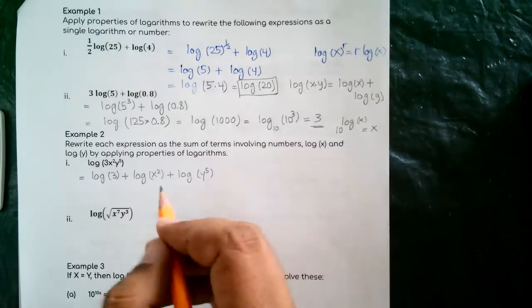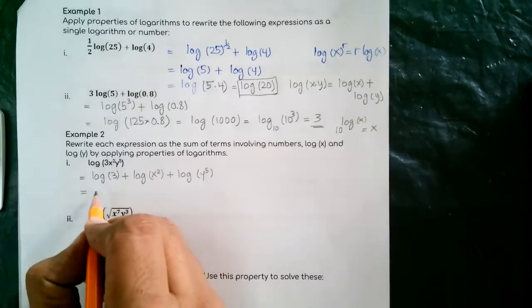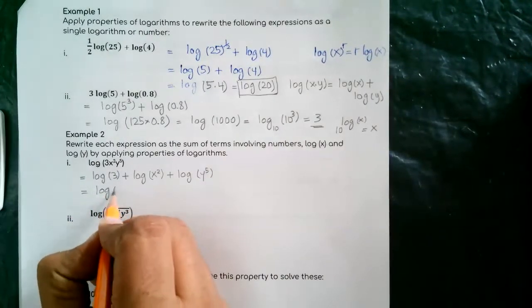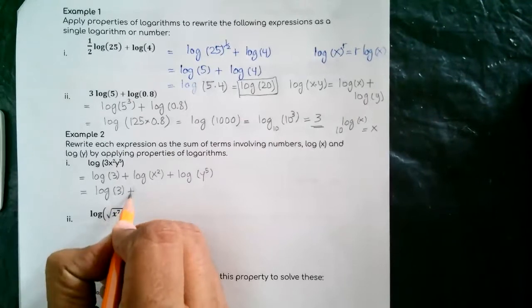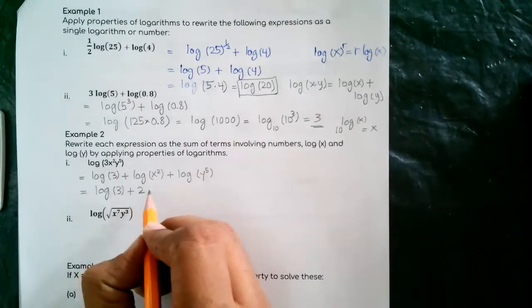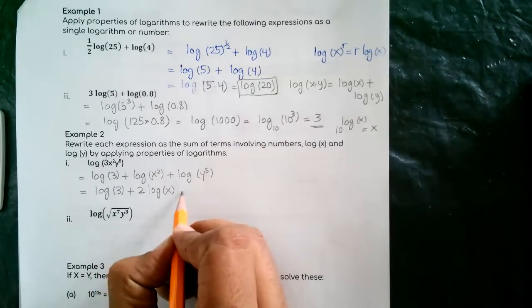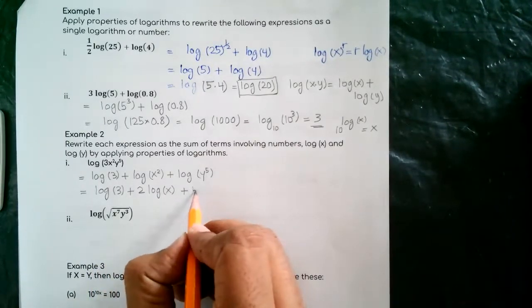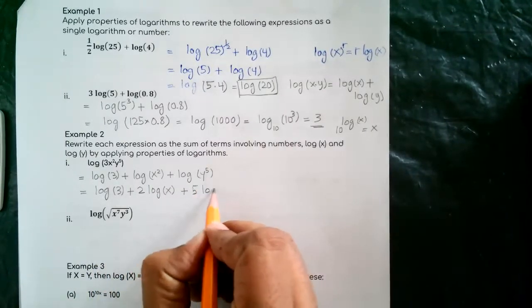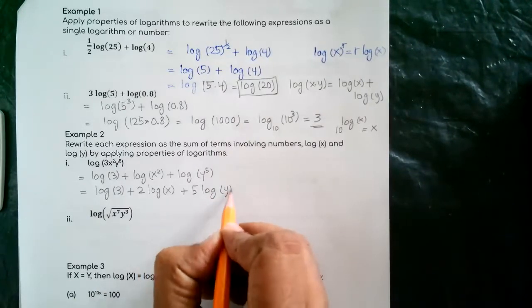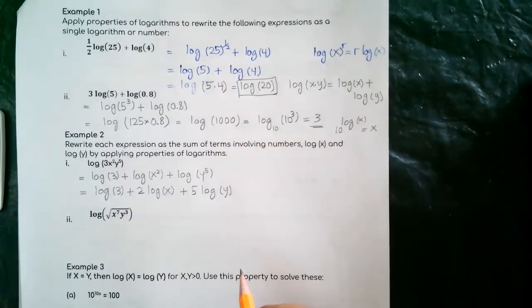Once I do that, then I can go ahead and further write it down as log of 3. Now this log of x squared is the same as 2 times log of x, and then log of y power 5 is the same as 5 times log of y. So this is how I break down the log term.